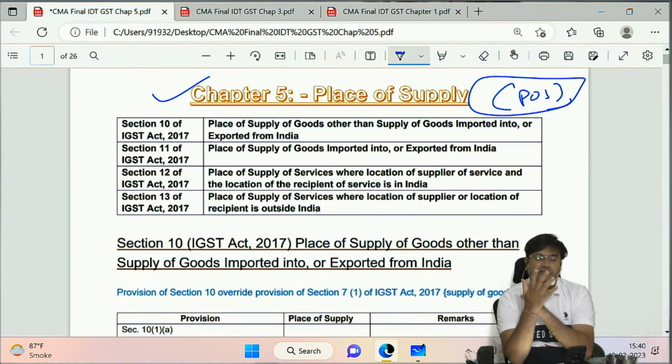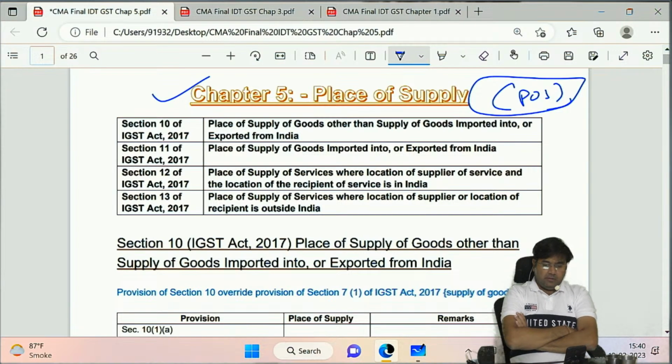When we were discussing chapter 1, I told you that although GST is one law to levy tax on supply of goods as well as supply of services, the provisions should remain the same, but for place of supply and time of supply there is a separate set of provisions for goods and services. Why is there a need for separate provisions? Very simple, as I explained before: goods are tangible in nature, you can touch and feel.